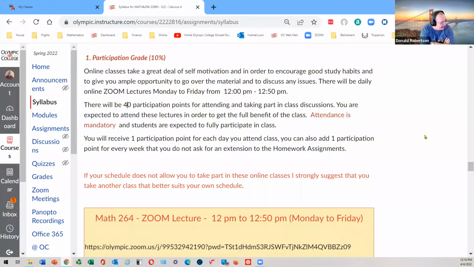And instead of extra credit in the usual sense, I've included the extra credit inside the participation grade. And the way it works is every week you do not ask for an extension, right? You do your homework in time. You get 1 participation point. So theoretically, you could get 120% in participation.